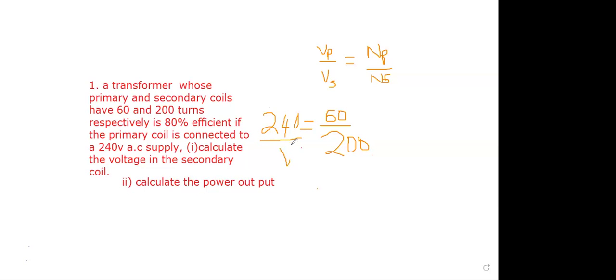So in the secondary, we have VS. When we cross multiply, you will find out that we have 240 times 200. If we divide through by 60, the answer we get will be equal to VS. And that one will give us our voltage in the secondary coil.